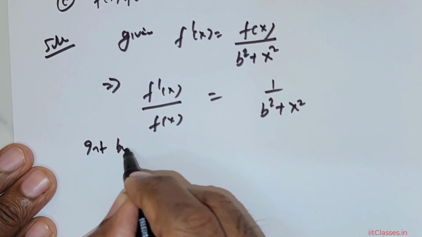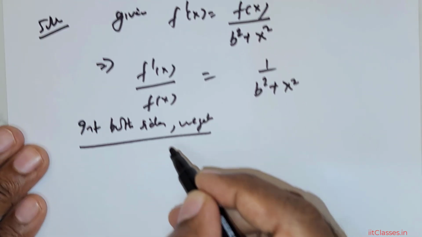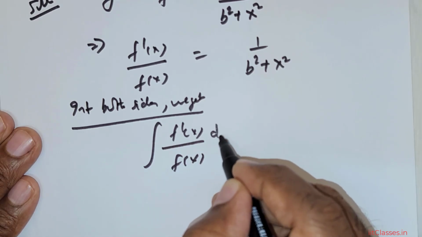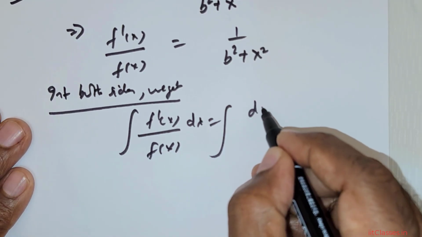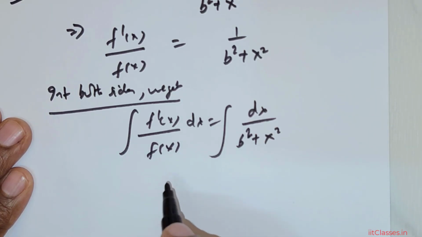Then I would integrate both sides. We get integral of f dash of x divided by f of x dx is equal to integral of dx over b squared plus x squared.